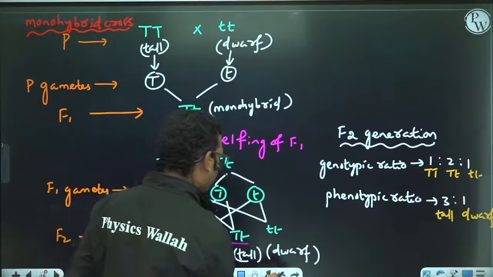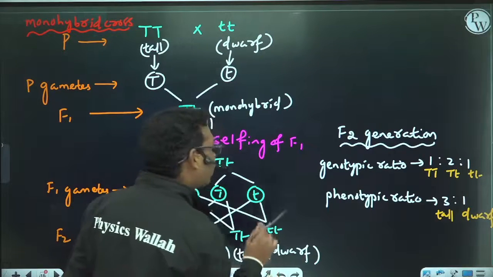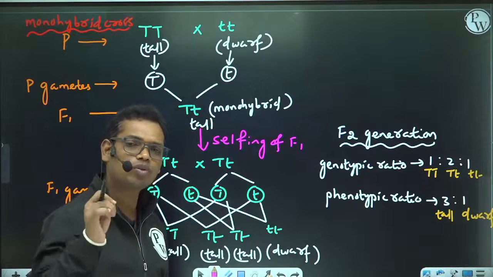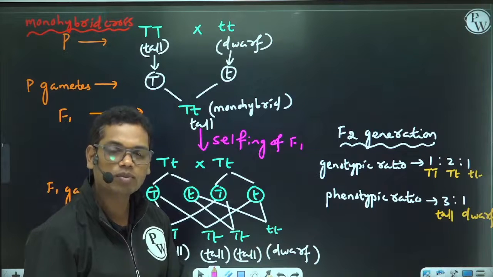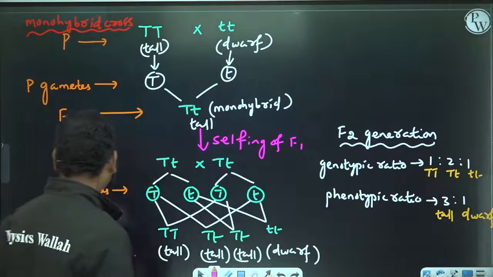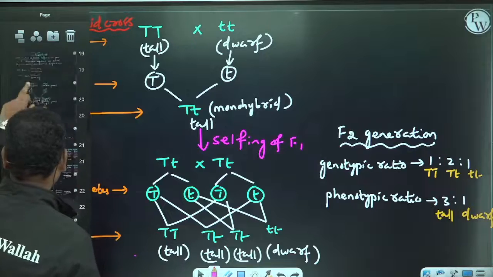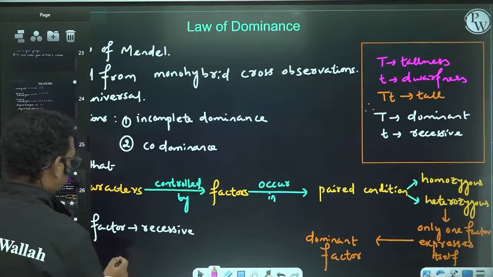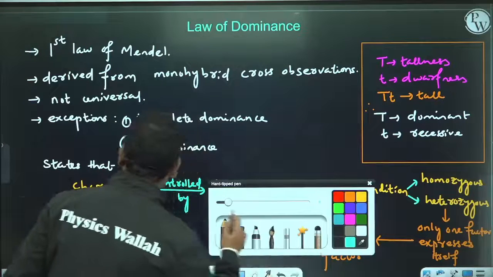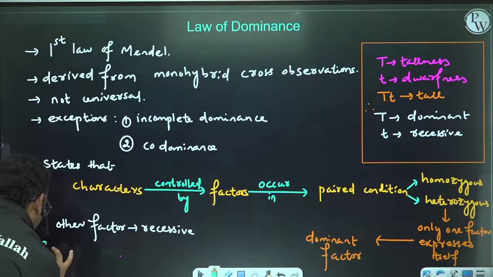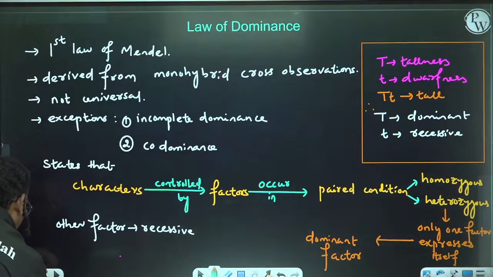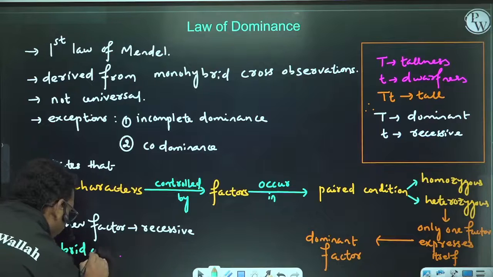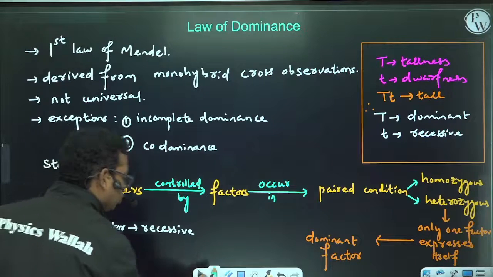Okay, so you can write that point there in law of dominance, that 3:1 phenotypic ratio in F2 generation in monohybrid cross is due to law of dominance. Clear? Let me write that part here. In case of monohybrid cross, which cross?